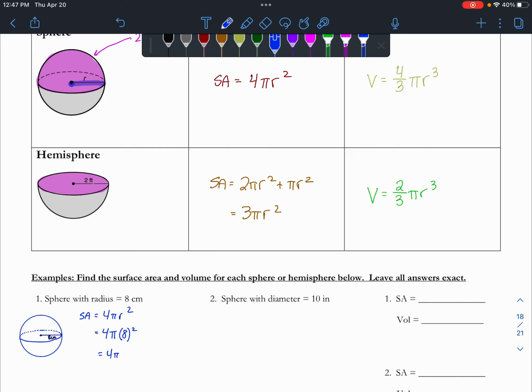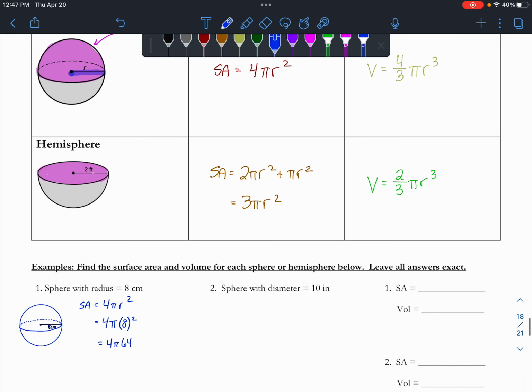I believe that is 64. And remember, this is all multiplication when we don't see those symbols or those operations between the numbers and the characters. So we do just have 64 times 4, which should give us 256 pi units for this one.